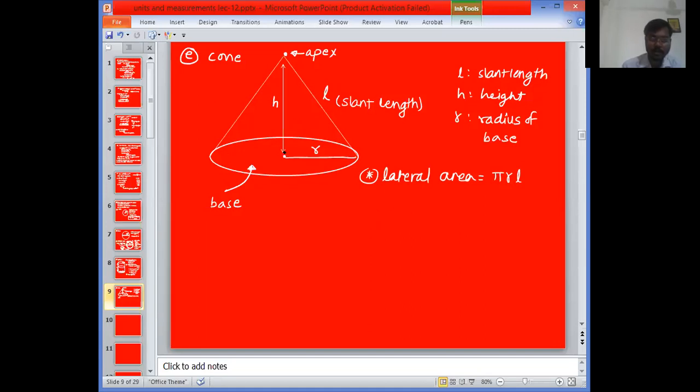Of course, by Pythagoras theorem, L square is equal to hypotenuse square, which is R square plus H square. So that relation is also present here: L square equals H square plus R square by Pythagoras.